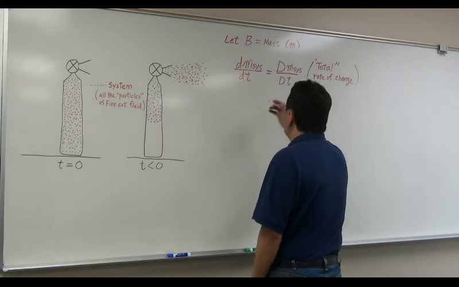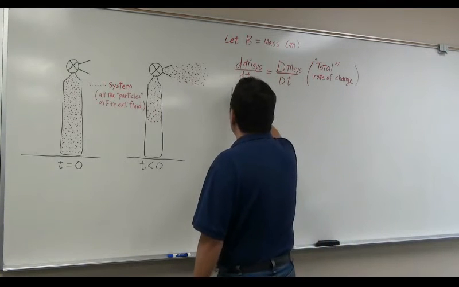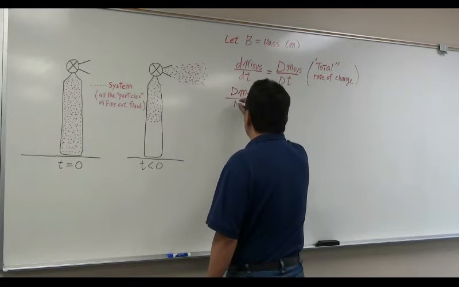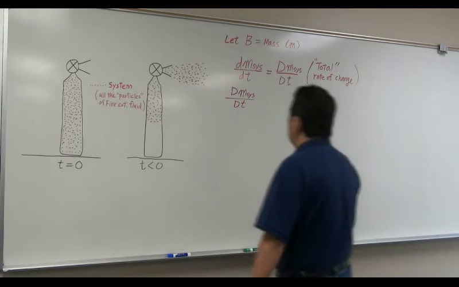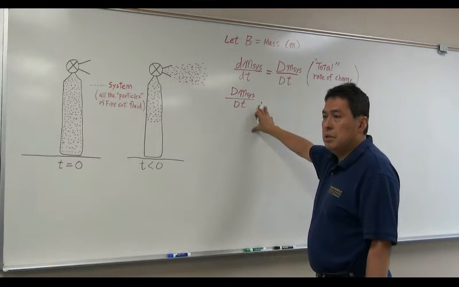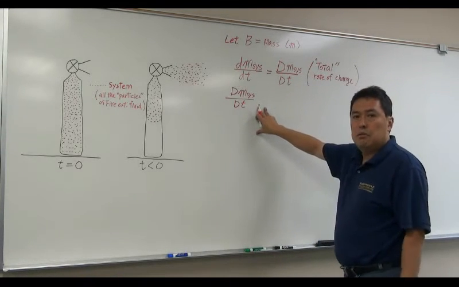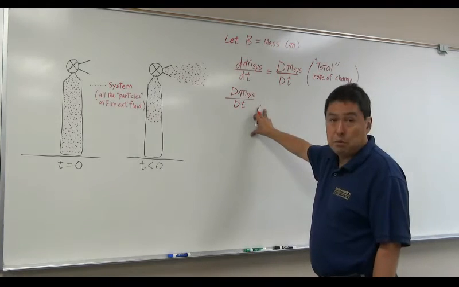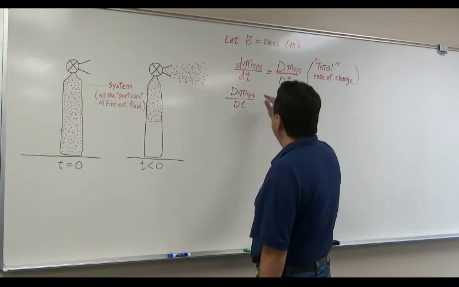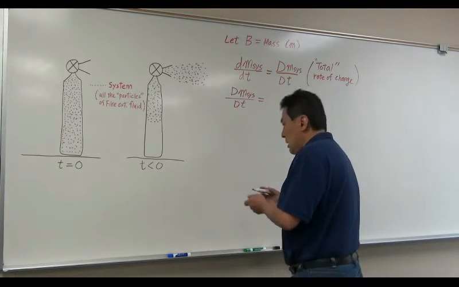So what is your conclusion in this case? dm_sys/dt, what's that? One of the significant importances of this Lagrangian approach is that it is usually going to determine your fundamental principles of conservation.